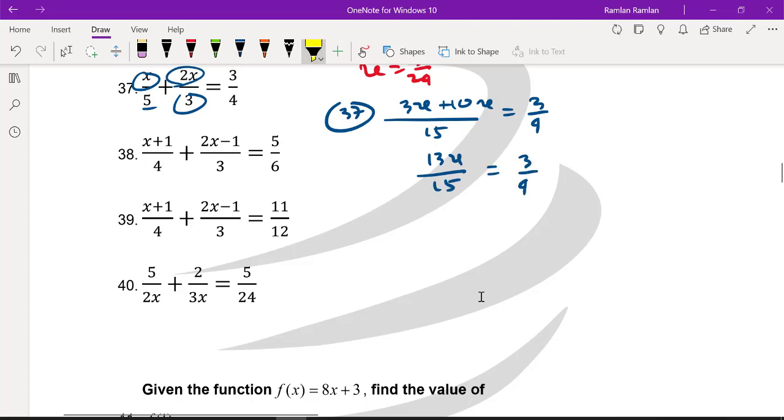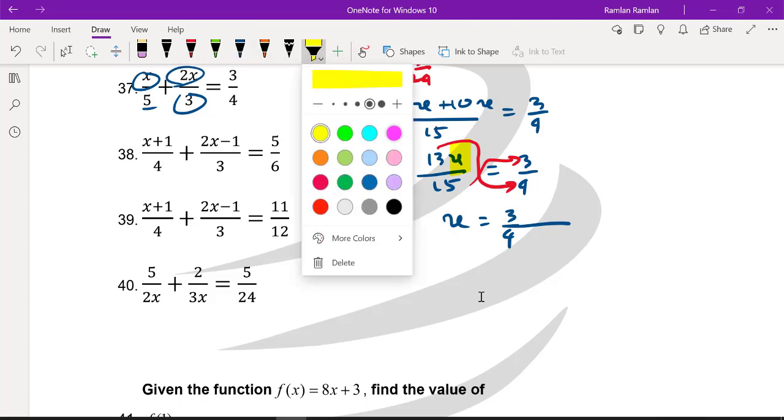Now, because we want to find the x here, we multiply everything by 15 and divide it by 13. So the easiest way to do this is like, okay, this goes up here, this goes down here, right? So the x, okay, I'm gonna highlight that, equals to that 3 over 4 doesn't change, right? And then that 15, let me highlight that.